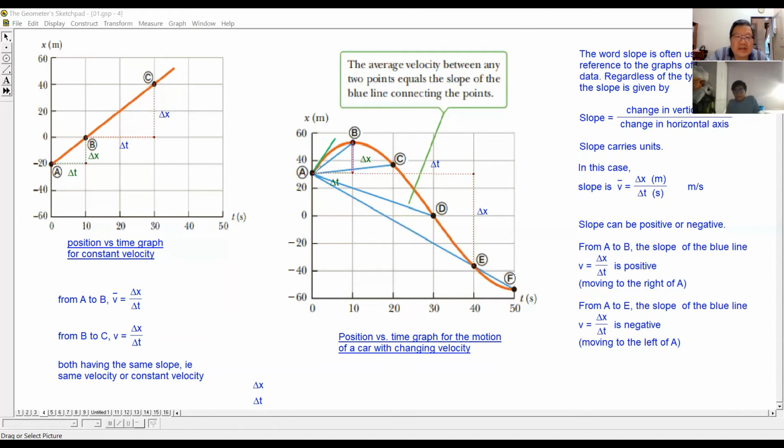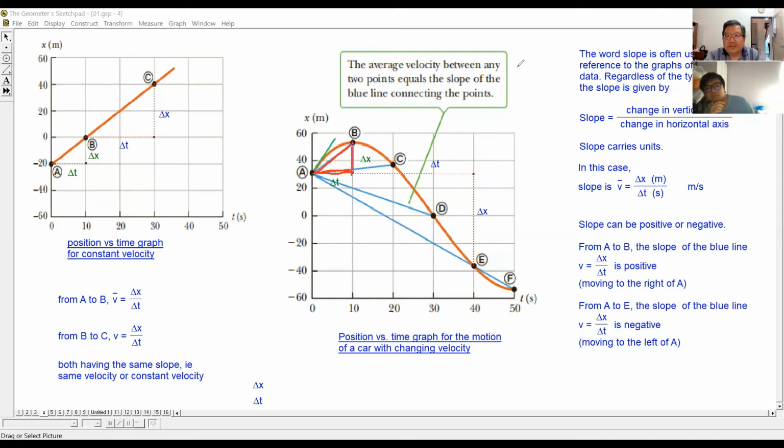So this is your line AB, and the slope of this line AB is this delta x divided by this delta t here. So this value here is a positive number. So it means that the velocity is positive. It means that it is moving towards the right.